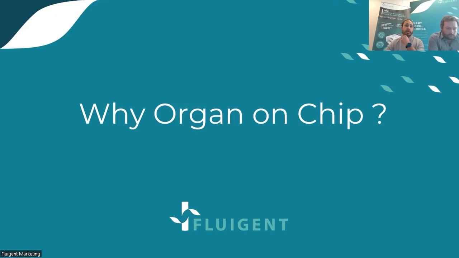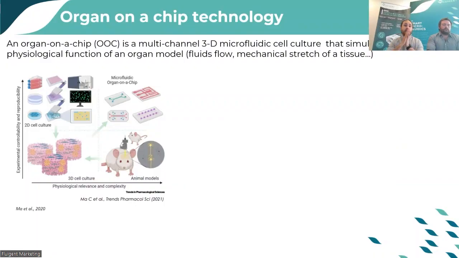So why OrganChip? Basically, what is OrganChip? OrganChip is a technology that allows to recreate and simulate the physiological behavior of an organ. So the idea is to use a microfluidic chip, to culture cells in 2D, 3D with different channels, and to apply different physiologically relevant behavior, such as the fluid flow that can happen in our body.